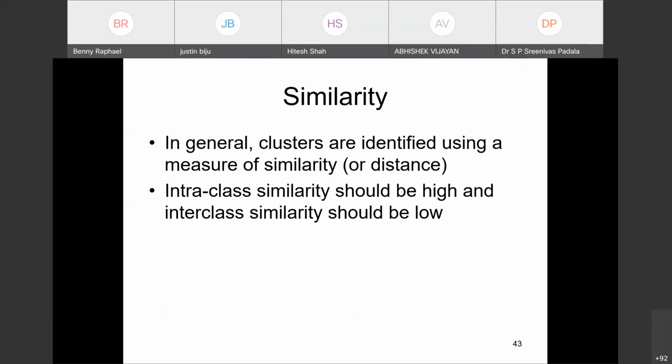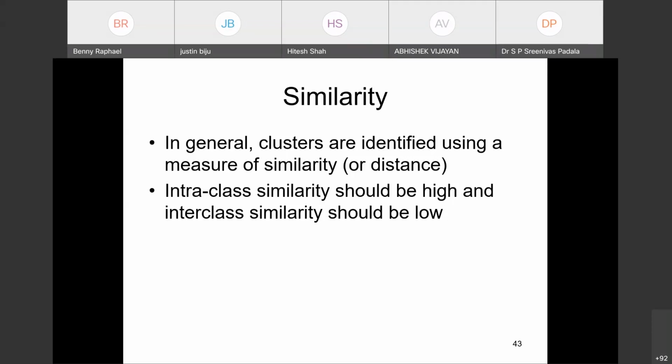Now for doing clustering, the most important thing is we need to define the similarity metric or the distance metric. All the clustering takes place by using this parameter, this function.